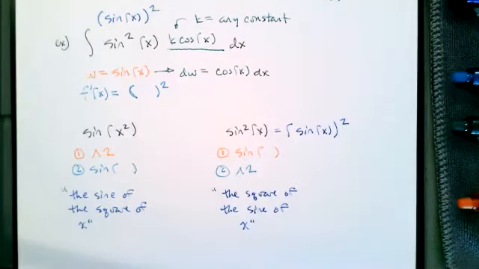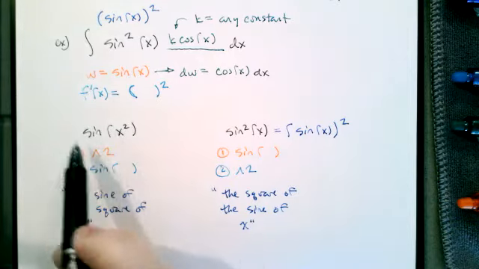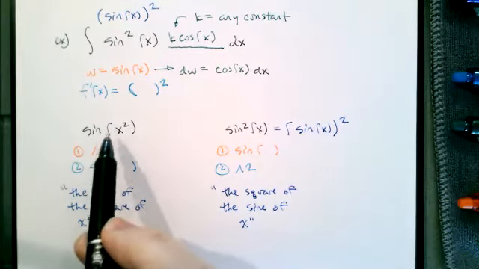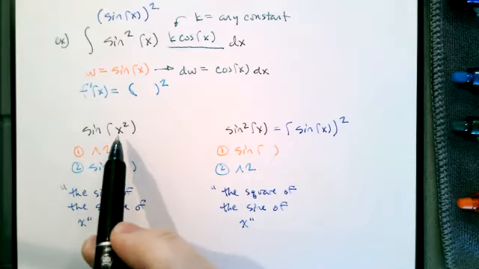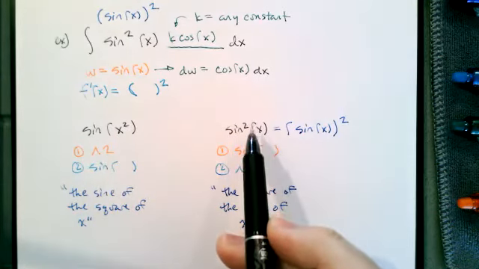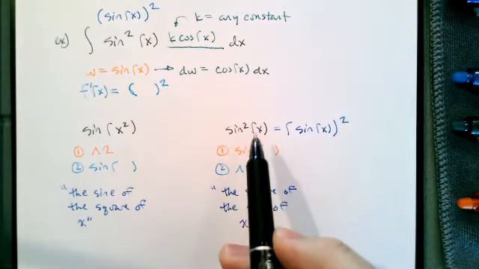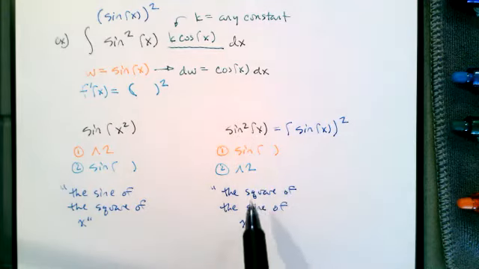So if we want to read it so that people understand exactly what we're talking about, if we want to speak precisely, I would speak this symbol as saying the sine of the square of x. And I would speak this symbol as the square of the sine of x. Because then I'm being clear.